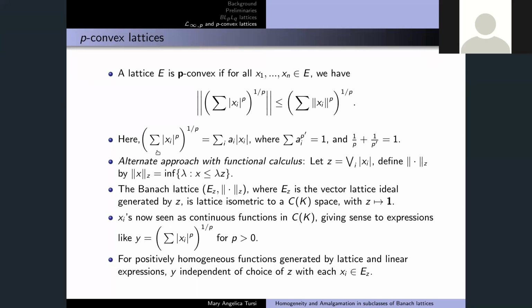And this expression coincides independent of your choice of supremum element. It doesn't have to just be z equal to the supremum of the moduli of the xi's. It could be something bigger than that. Or if you're in the order continuous world, when you do this operation, you're going to get the same thing. So this expression ultimately makes sense when you do some other representations.